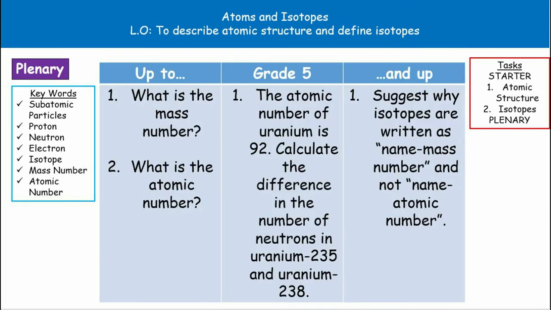As usual, let's finish off with our plenary questions. So any of you working up to a target grade of a 5, it's the 2 columns on the left, so the up to and the grade 5. And for those of you working at target grades of 5 or above, then you can do the grade 5 and up columns. So I'll leave those up there for about a minute for you.